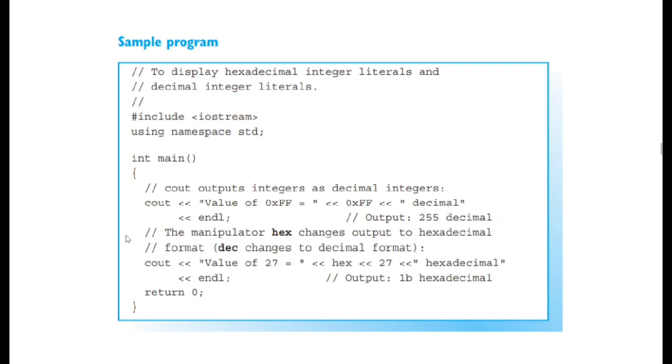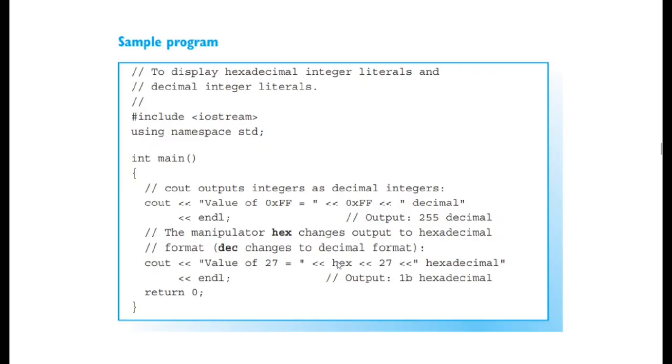Now, let's look at the next line. This second bit is a bit different, because if you read this properly, it says the manipulator hex changes the output to hexadecimal instead of decimal. Now, hex is a function that interacts with the cout object to change that output from decimal to hexadecimal. So we have here the string value of 27 equals hex.